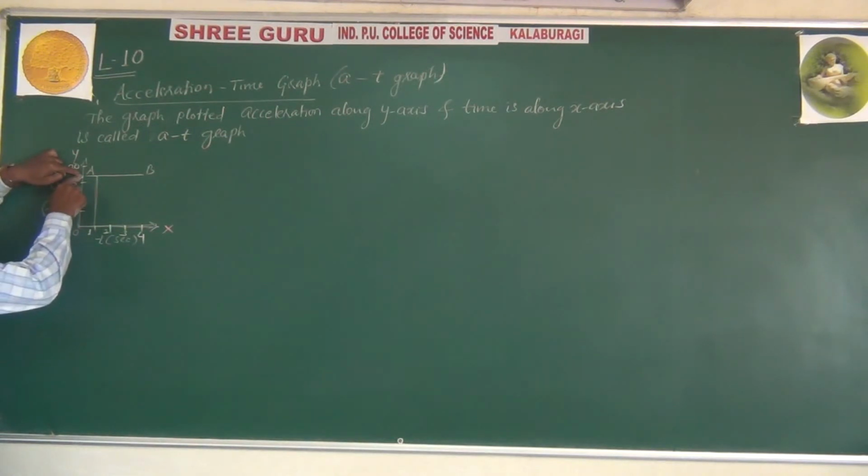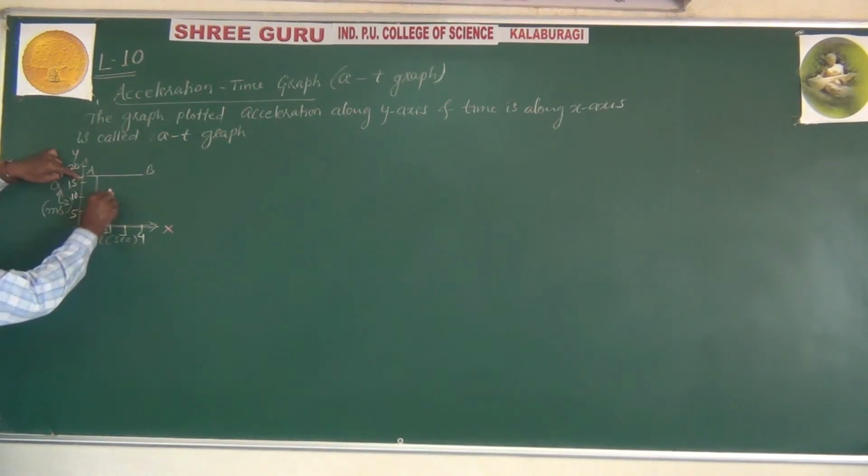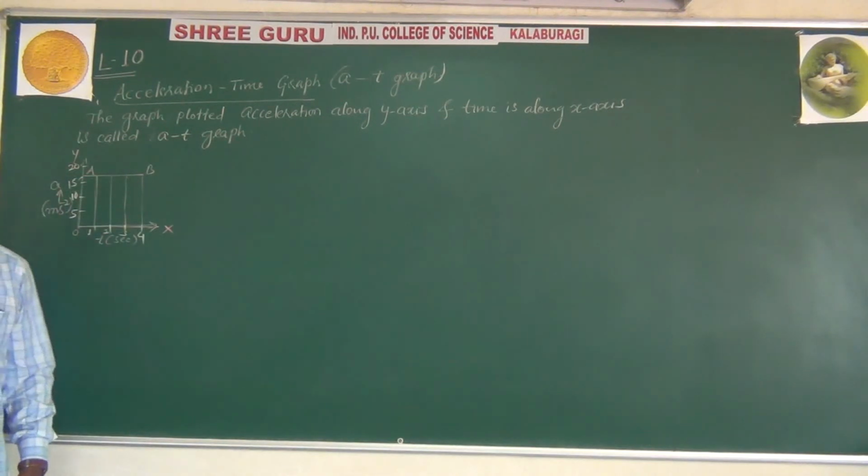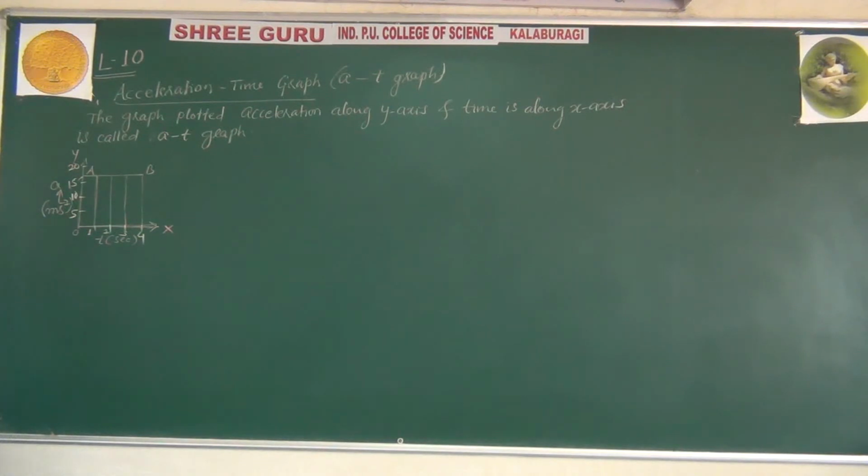That means again the acceleration will be 17 meter per second square. Sorry, the beginning is not 12, it is 17. Now also again 17. After 2 seconds, again it is 17. After 3 seconds, again it is 17. After 4 seconds, again it is 17. That means there is no change in the acceleration of the body.